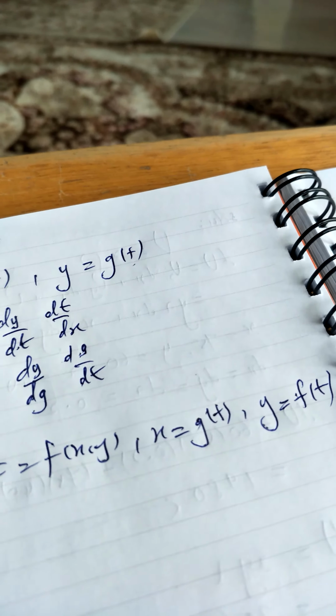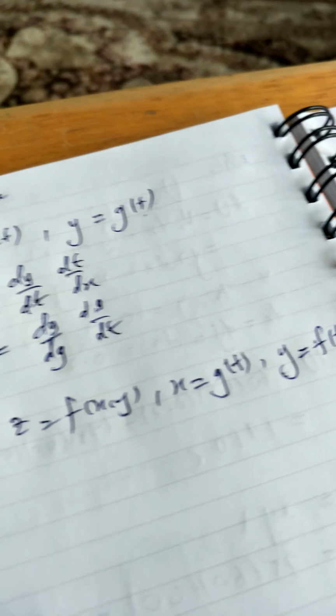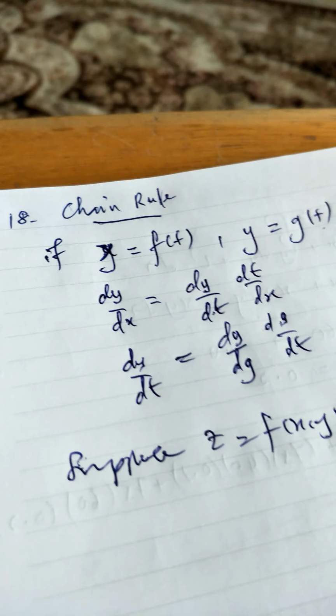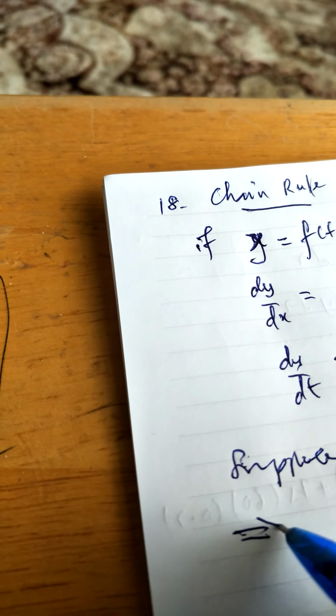Okay, it's a function of t. Then you can find dz/dt by differentiating with respect to t.